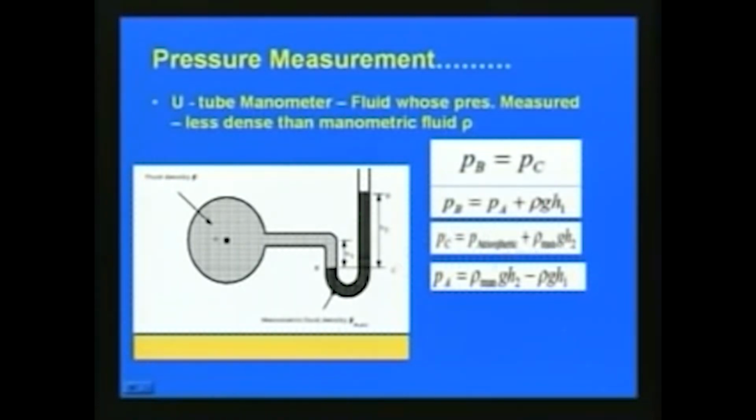Now, our aim is to measure the pressure at this particular location, point A. To measure it, we can use the principle Pb is equal to Pc.